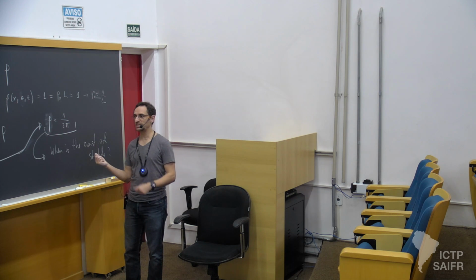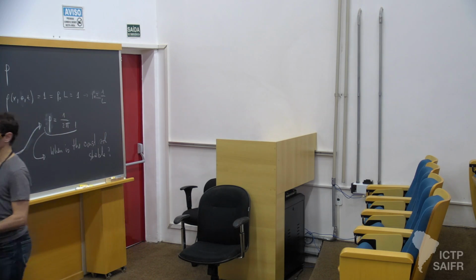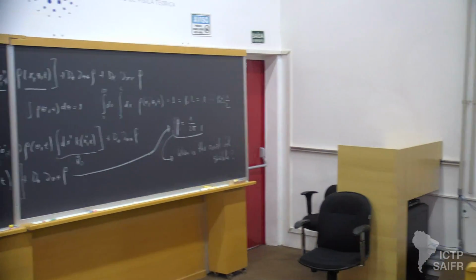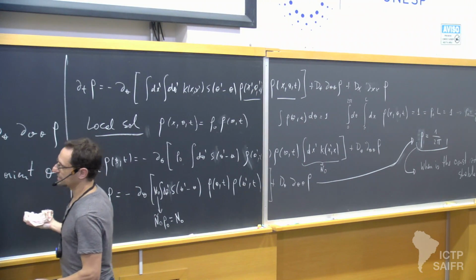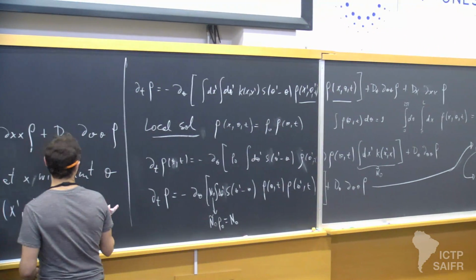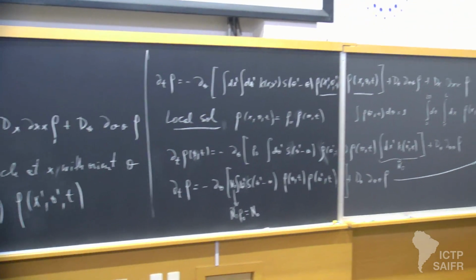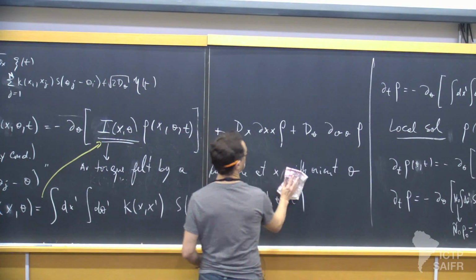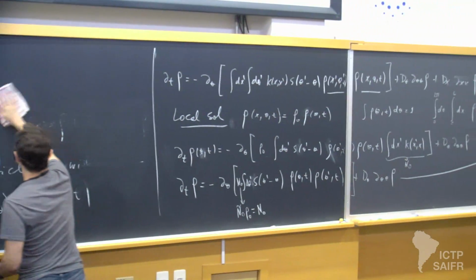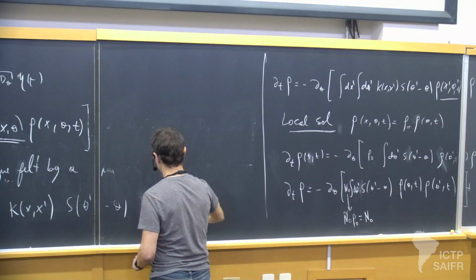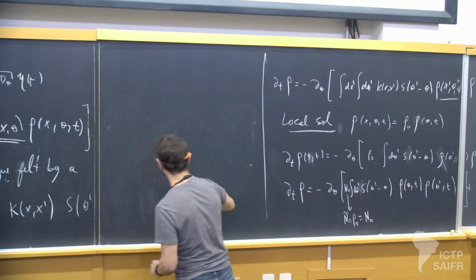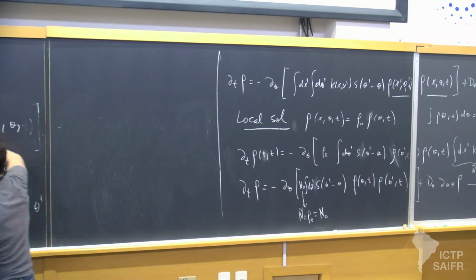But here we have a PDE, and in fact we have that integral, so that makes things a bit more complicated. But essentially it's going to be the same, conceptually. So I'm going to do it there. The idea is I'm going to look at the linear stability of this.